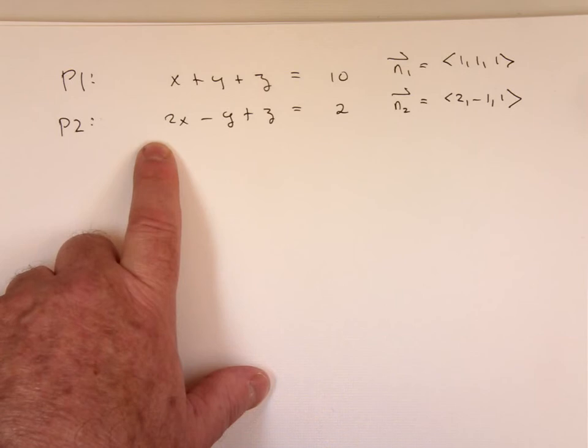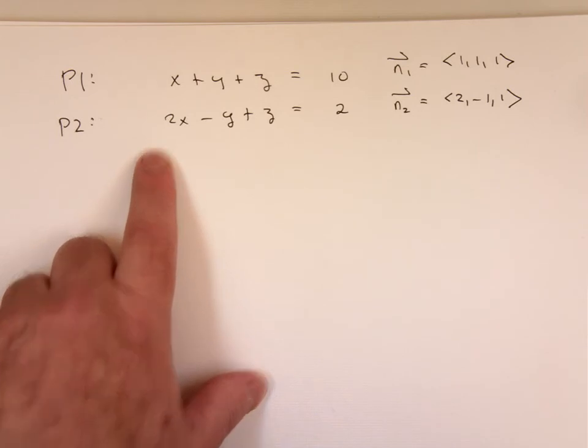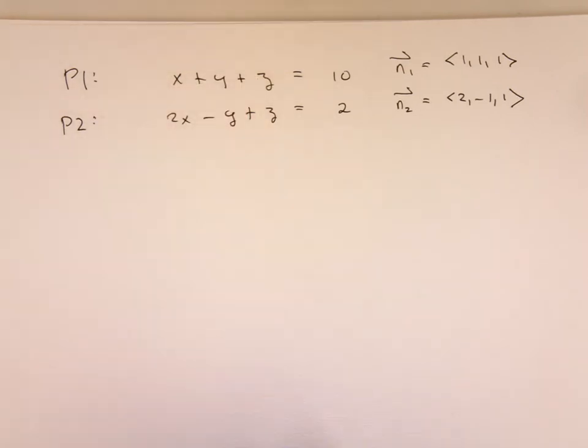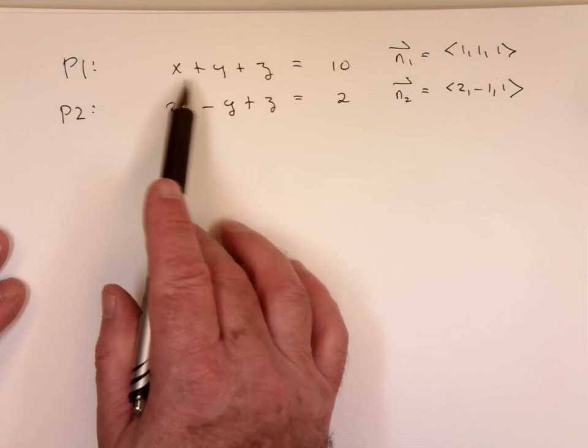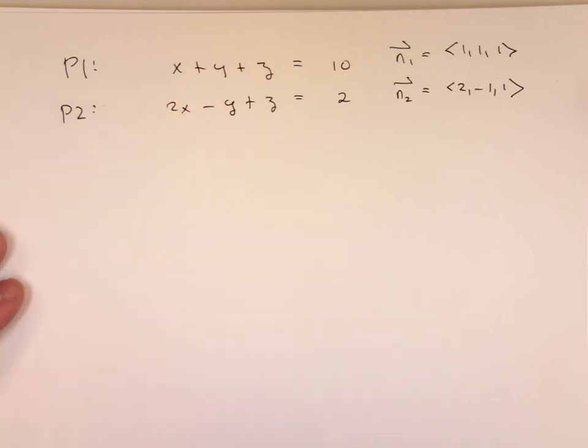Could we find the line of intersection of these two planes? The answer is yes. We've got two equations but three unknowns. You solve those kinds of equations by using a parameter, like the k and the s we used before.